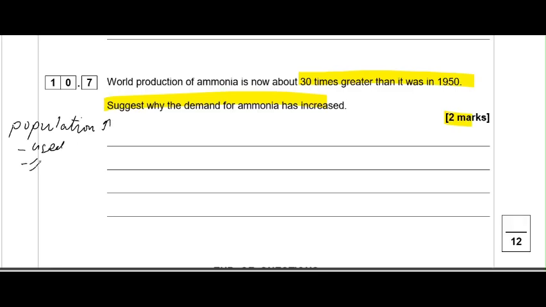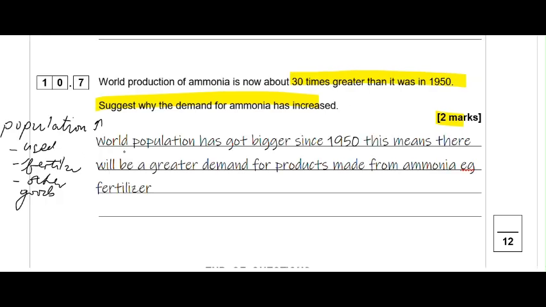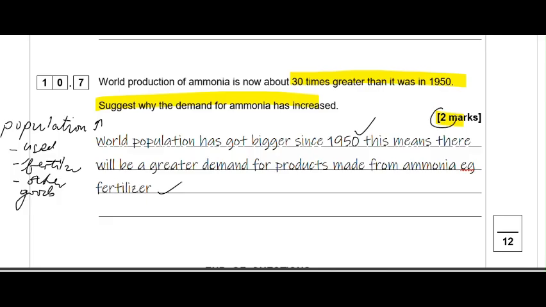So the greater the population, the greater the demand for stuff, and ammonia is used to make fertilizer and other goods. So to get our 2 marks, world population has got bigger since 1950, so this means there will be a greater demand for products made from ammonia, for example, fertilizer. So we get 1 mark for saying the world population has got bigger, and then the second mark is about the demand for goods like ammonia.